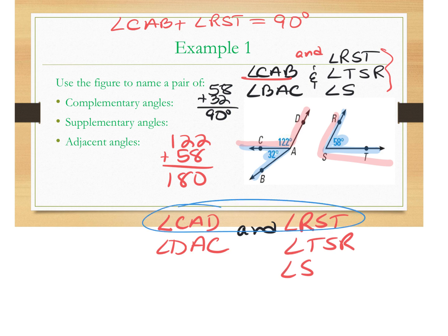Now on the test, if I give you a question like this, and I say, list a pair of complementary angles, don't give me more than one, okay? Give me the one answer that you are 100% sure on, because if you give me 2 answers and one is wrong, you lose everything.